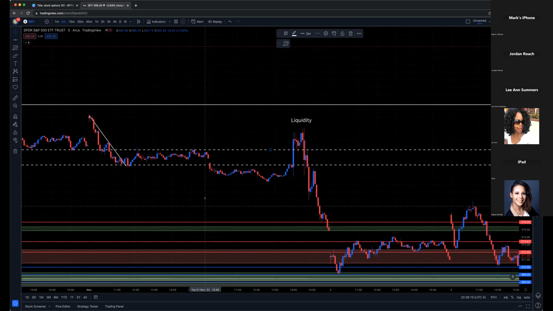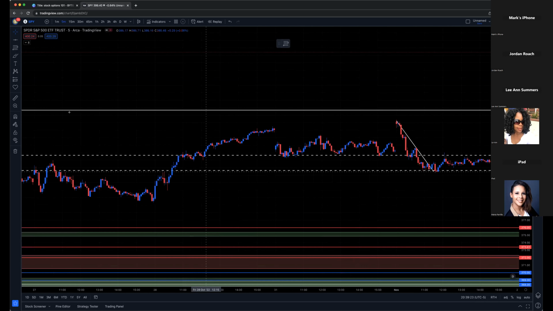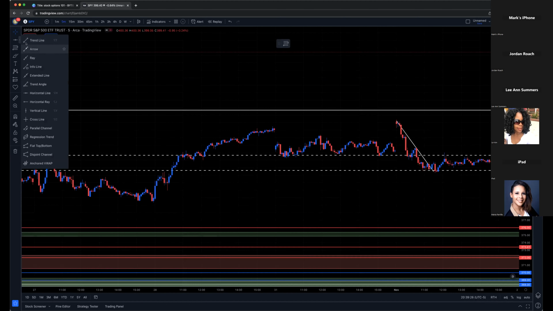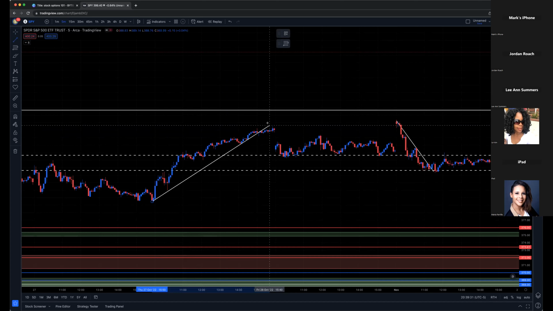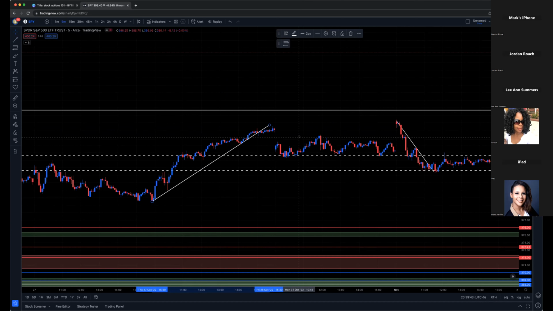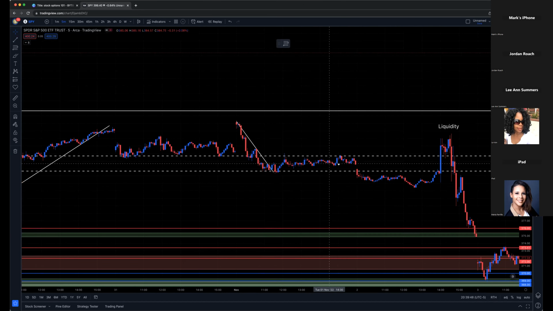All right, let me find a better area. We see an area right here where the market is clearly moving up. Let me draw a little trend line here. That's what we consider the difference: you have areas where the market is clearly going up, areas where it is clearly going down, and areas where the market is moving sideways and pretty choppy and not presenting a good opportunity to get into a trade.